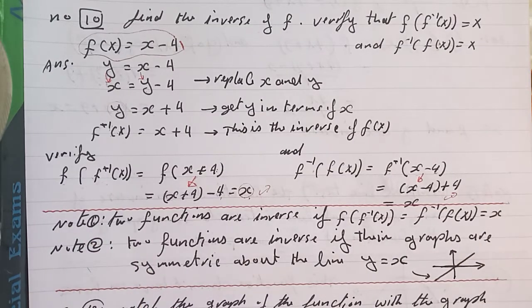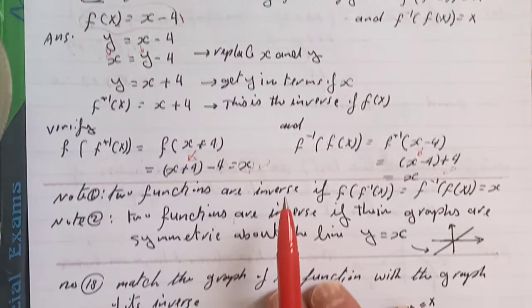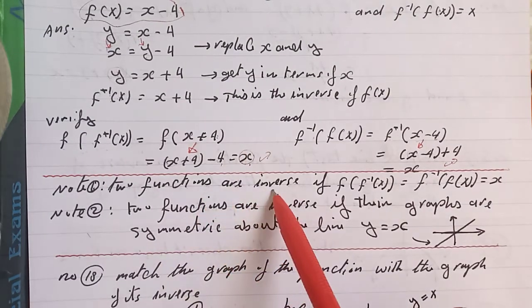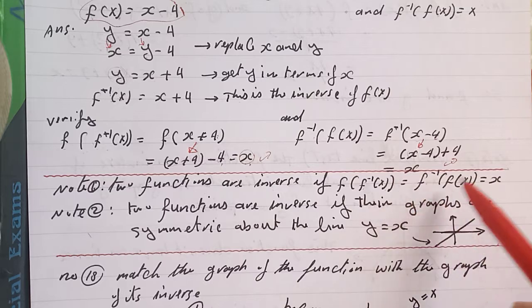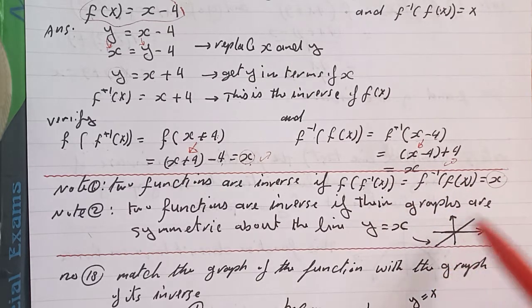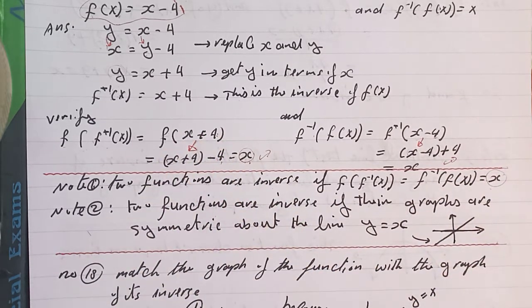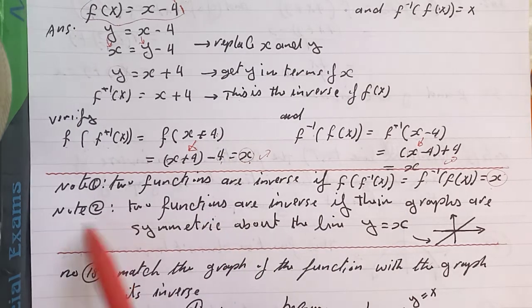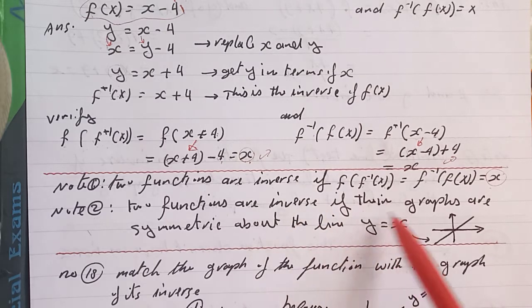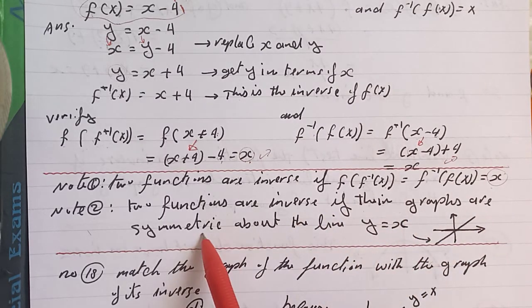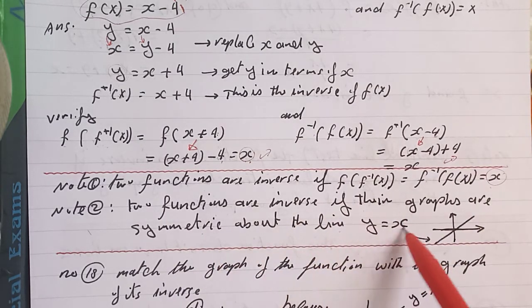We have 2 notes. The first note says that 2 functions are inverse if f of f negative 1 of x and f negative 1 of f of x equal x. And we tested that in the previous example. Note 2 says that 2 functions are inverse if their graphs are symmetric about the line y equals x.